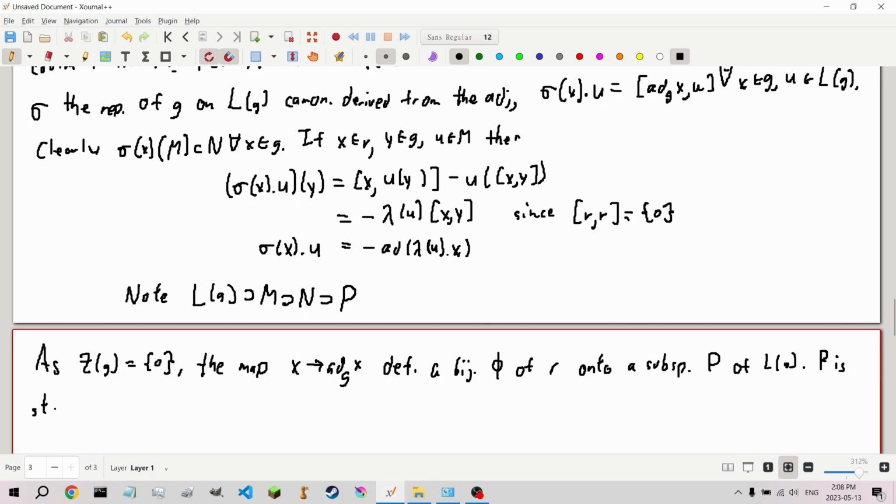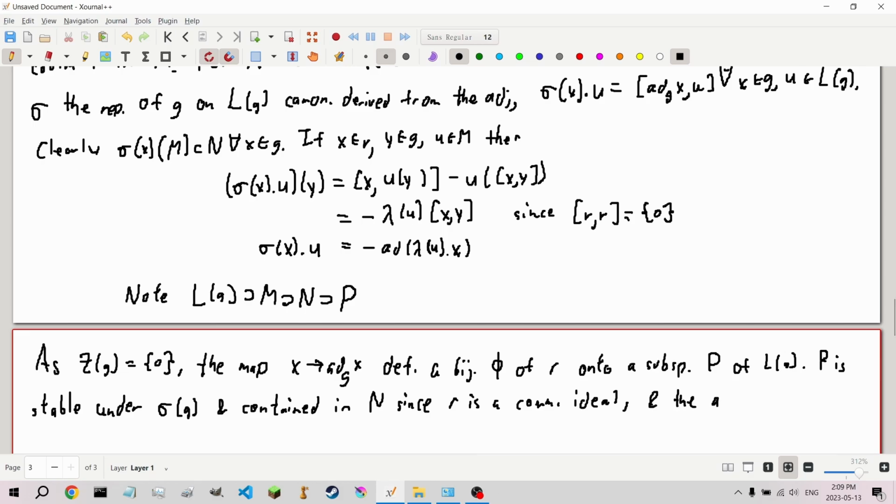This is stable under sigma of G and contained in N, as you see above, since the radical is a commutative ideal, and the above equation, where we calculated that the sigma of x on U is the negative of the adjoint of the ratio of the homothety of U on x.